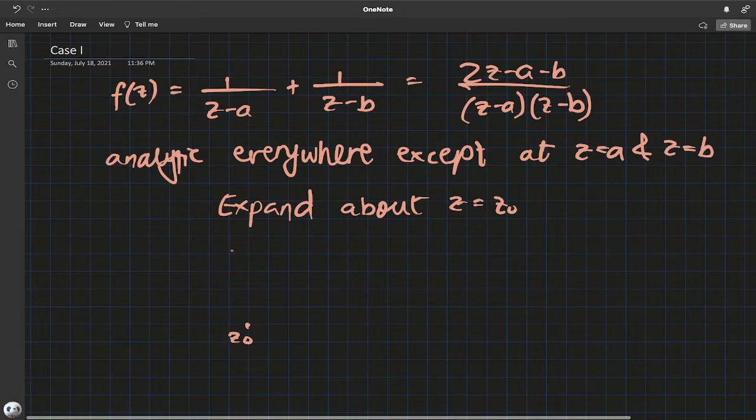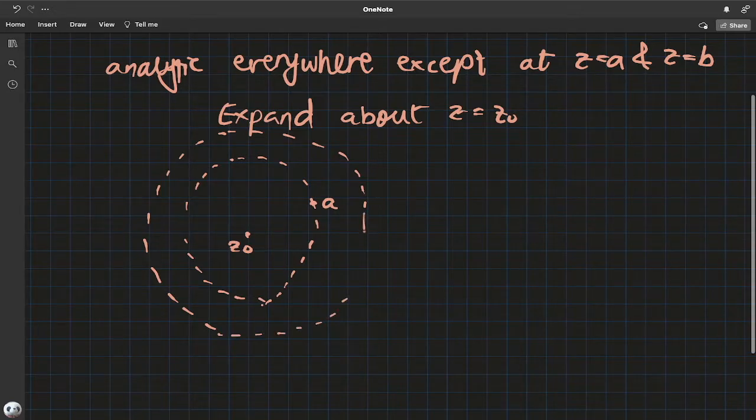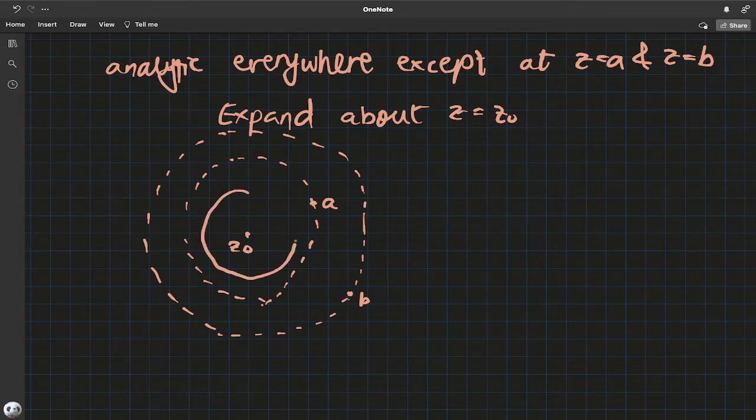We have some locus for point A, another locus for point B. Well, what we can do is first start with regions enclosed inside z naught and a. For that, I'm going to draw an arbitrary contour in that region. Again, convention dictates we want it to go anti-clockwise.